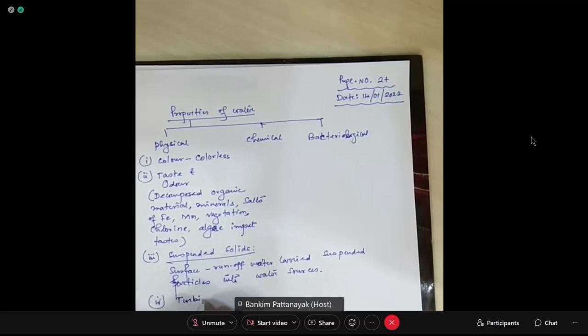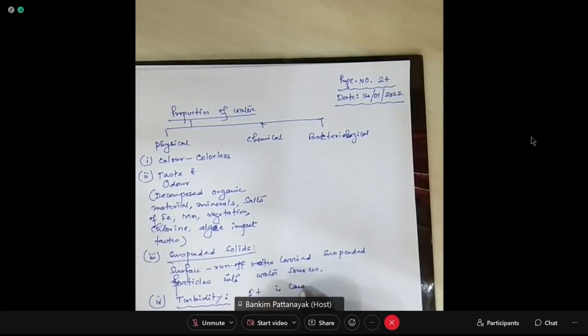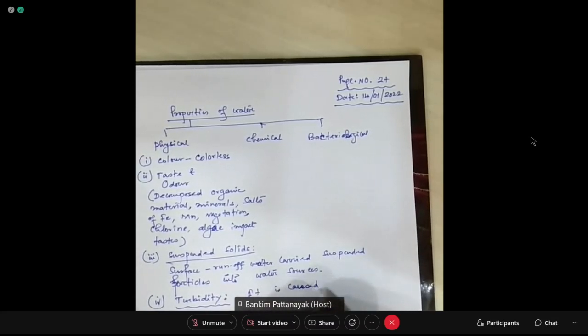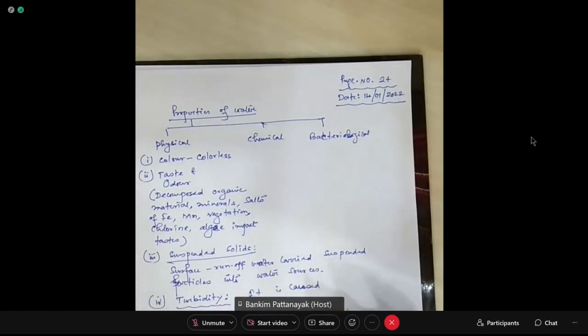Then turbidity of water. It is caused by, turbidity is basically because of various types of particles that are present in the water.